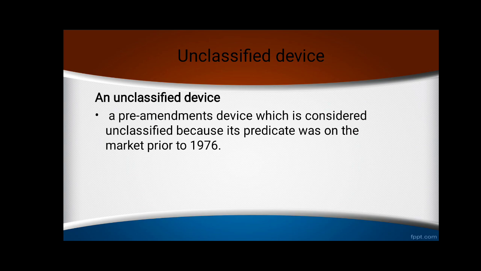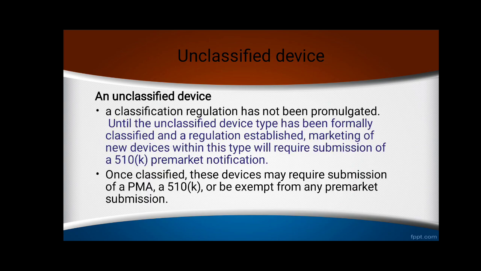Unclassified device. An unclassified device is a pre-amendment device which is considered unclassified because its predicate was on the market prior to 1976. A classification regulation has not been promulgated until the unclassified device type has been formally classified and a regulation established.